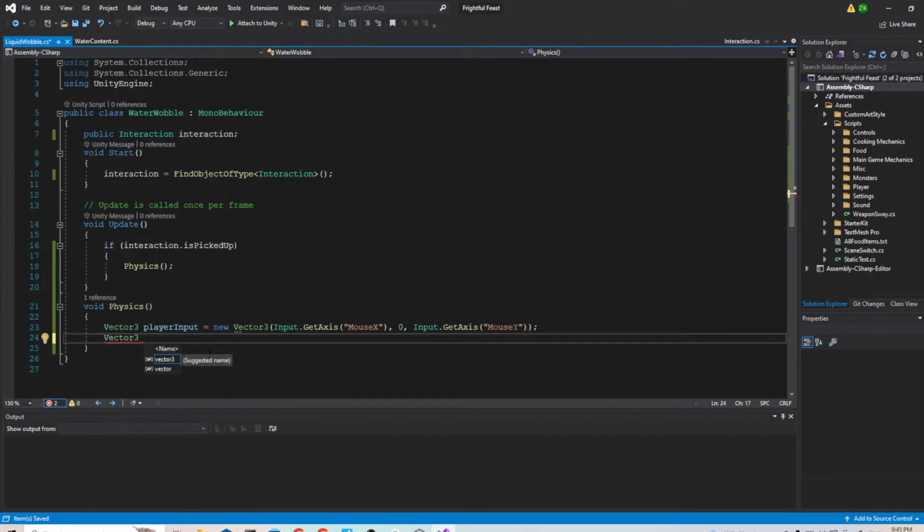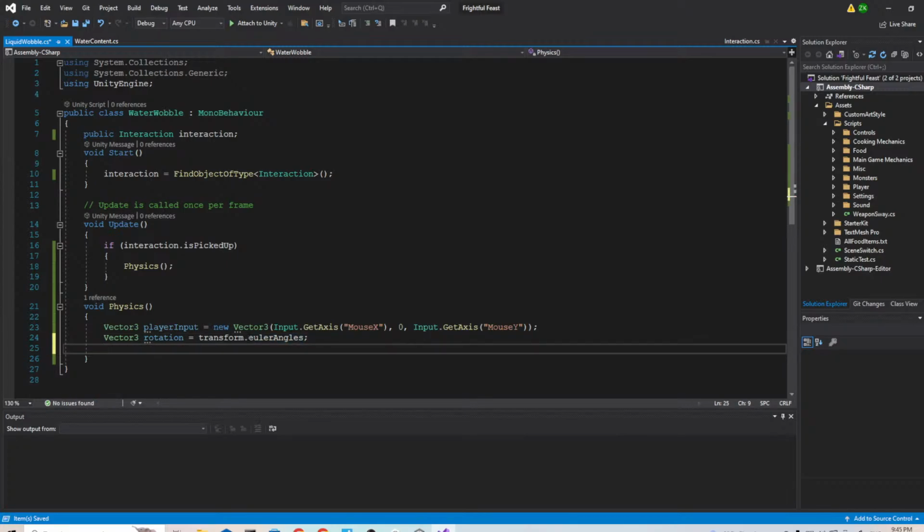Maybe we have another Vector3 called Euler original rotation, and this will be equal to transform dot eulerAngles. That's a vector.